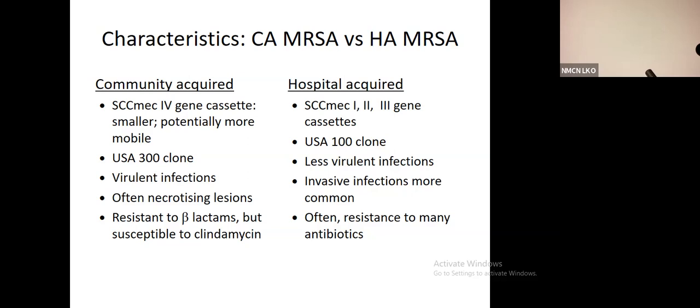You will often say, but the other problem with MSSA is it is quite virulent. So we have seen kids, you started therapy, you drained their abscesses, they got better, you were about to discharge them, and then you found one more abscess sitting there. So they often need long therapy, but the drugs are better.